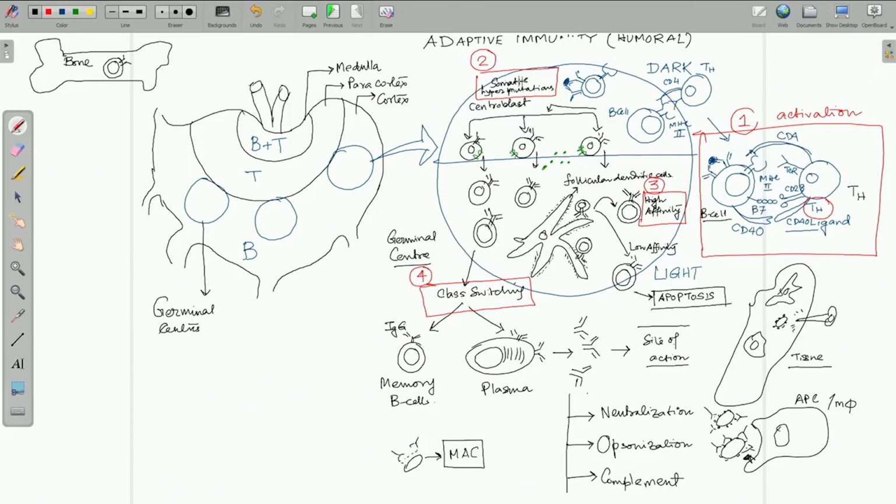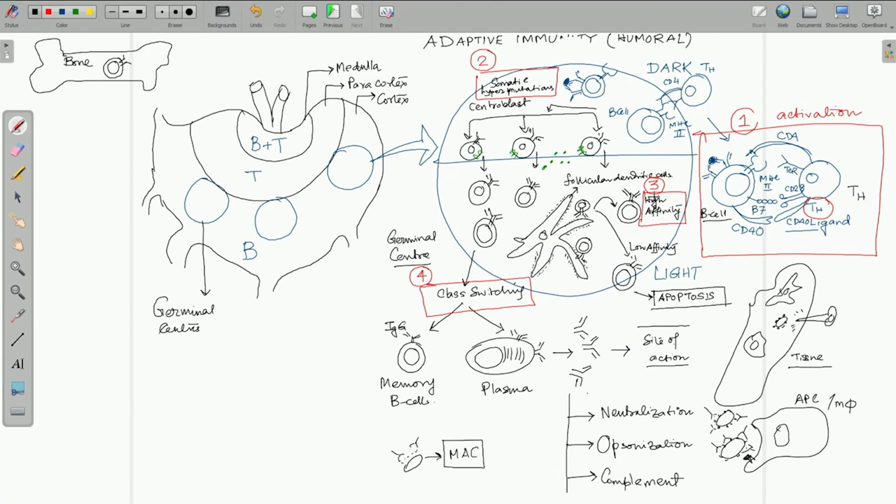Then it leads to somatic hypermutations in the B cell, leading to the proliferation of the B cell. So, you have different centroblasts. These B cells then migrate into the light zone, where the B cells producing high affinity antibodies will be selected.